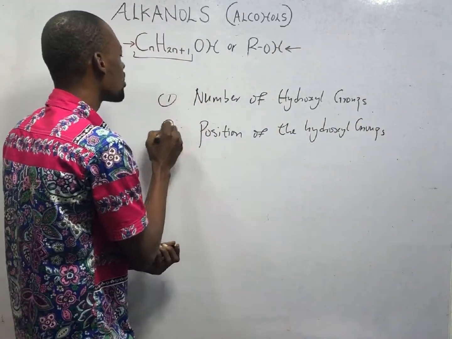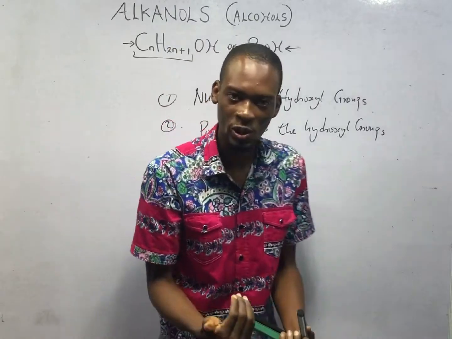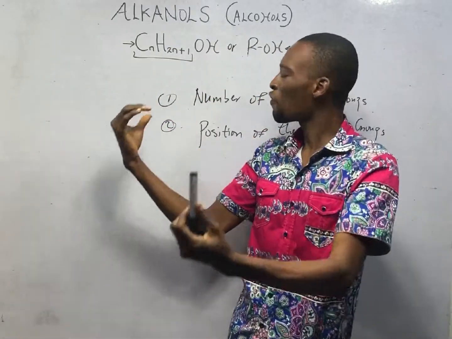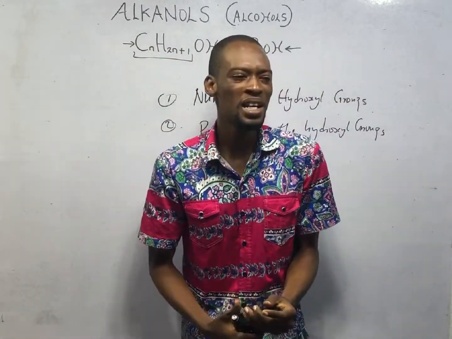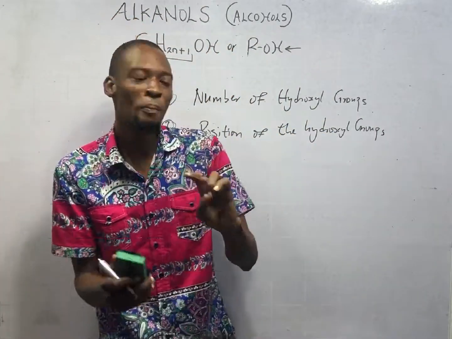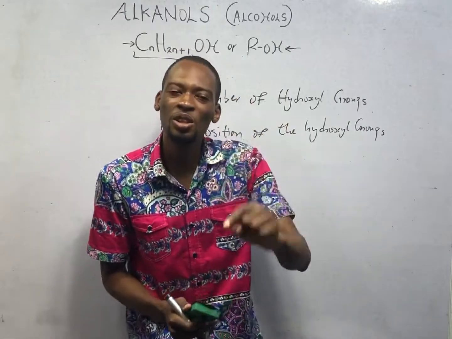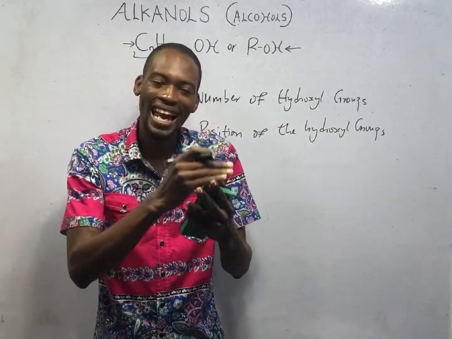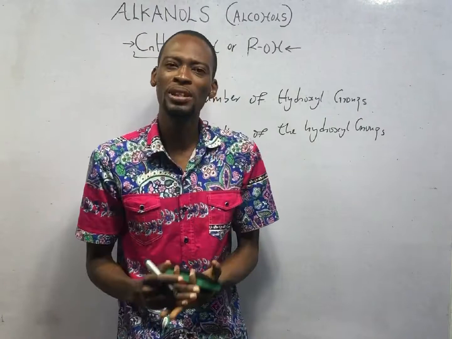These are two ways we classify alkanols: based on the number of hydroxy groups and based on the position of the functional group. Based on the number of hydroxy groups, alkanols can be monohydric, dihydric, trihydric, and polyhydric.